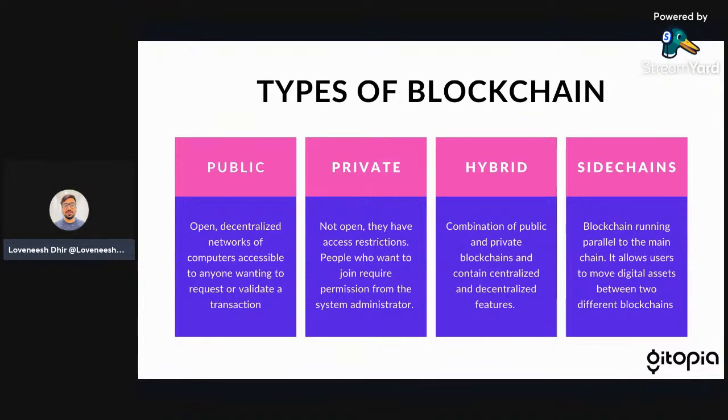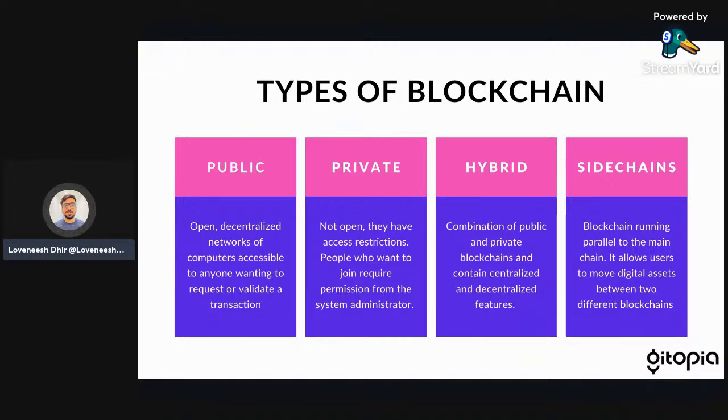Talking about public blockchain, I have already mentioned that we will discuss the consensus mechanisms in a later stage. Public blockchains use different consensus mechanisms to validate the transactions.